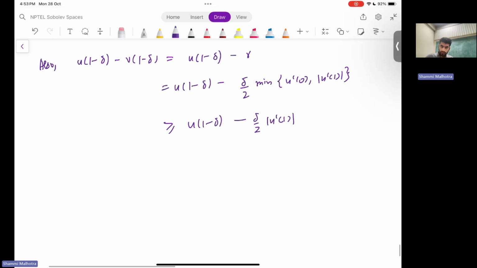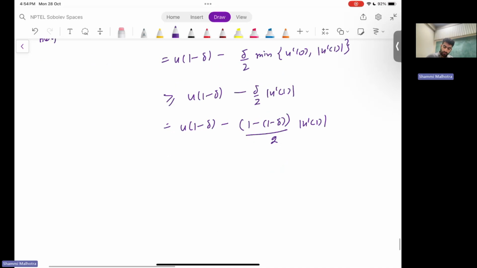And finally, we again use another estimate, so this actually can be written as u of 1 minus delta minus 1 minus 1 minus delta whole divided by 2 mod of u dash 1.